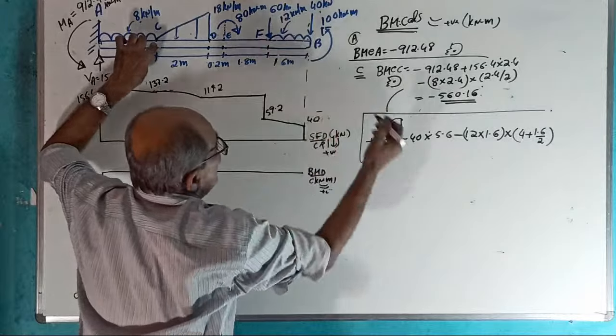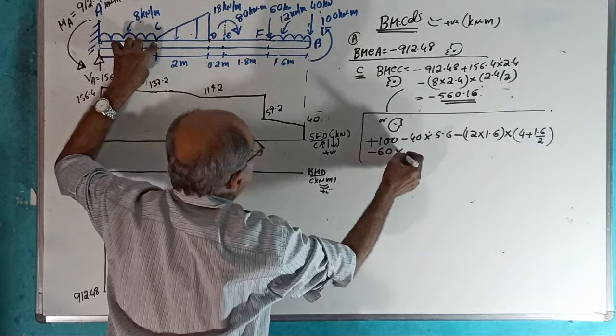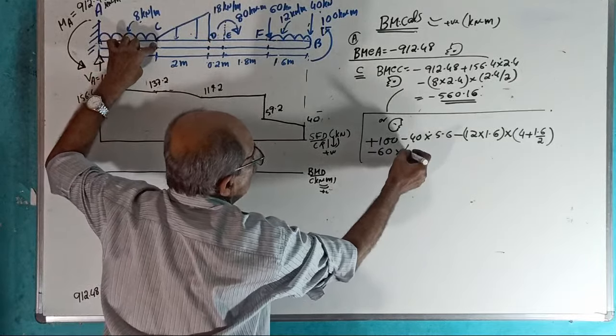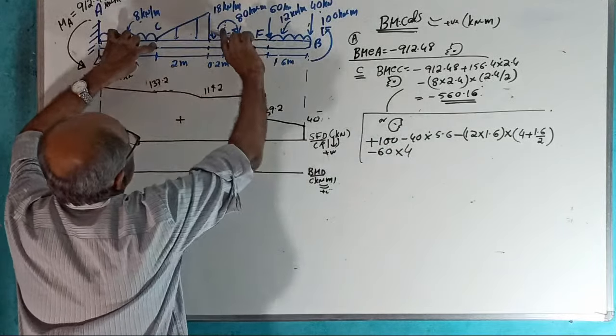Next, minus 60 into, how much did I tell? 4, okay, 4, correct.